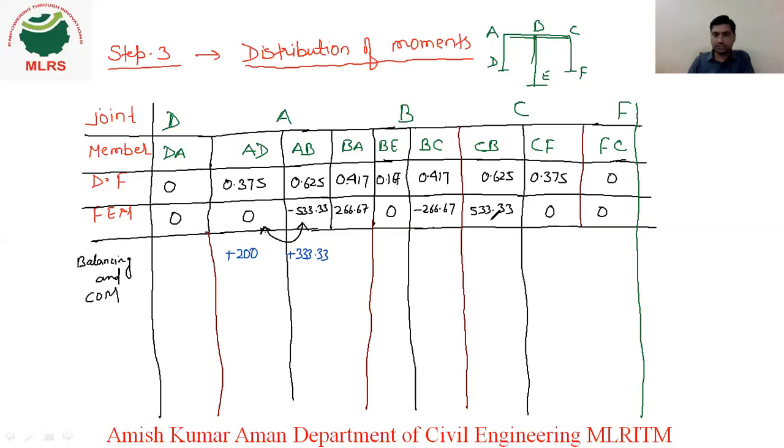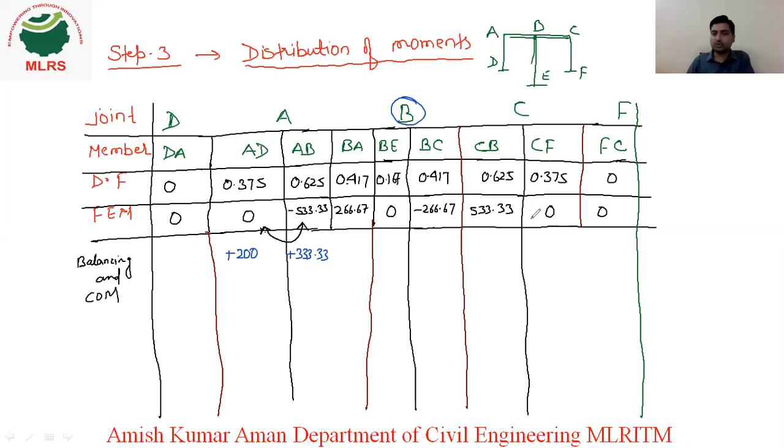Now again we need to distribute, because at B, 266.67 and minus 266.67 means already balanced. If you add these two moments, the net moment at this joint will be 0. So no need to balance. Here there is an unbalanced moment, because at this joint if you add these two moments, you get 533.33.